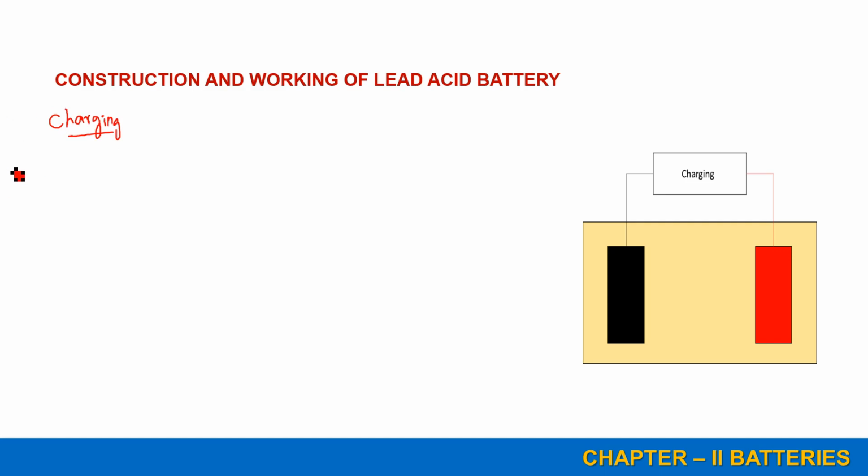So after the discharge, what will happen? Your cathode will be lead sulfate, as well as your anode will be lead sulfate, and then your electrolyte will be water. So if you give the power supply, this lead sulfate is split into lead as well as sulfate.